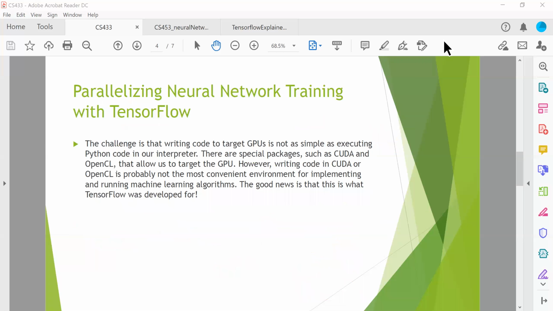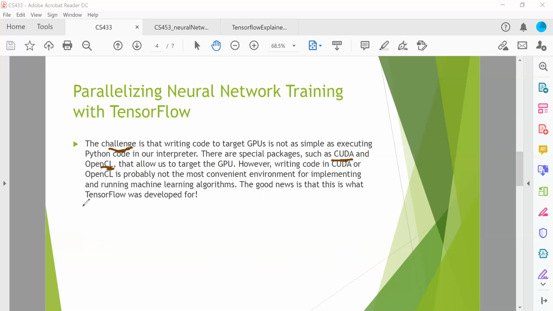And the challenge is that targeting the GPU has a lot of difficulties. In the past, there were special packages like CUDA and OpenCL, but for machine learning they took a lot of time and were not a very good platform.